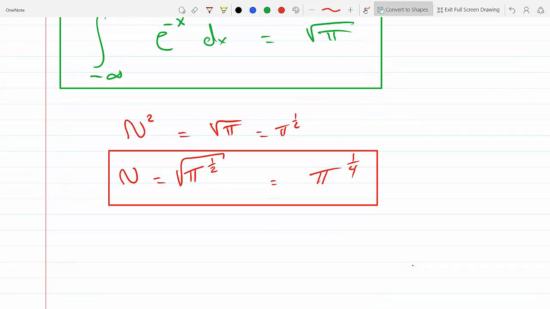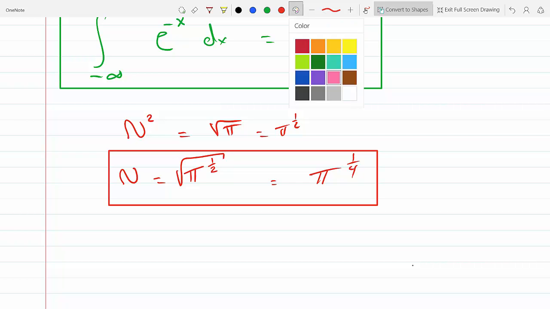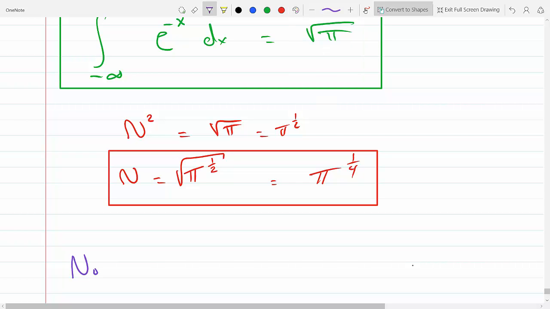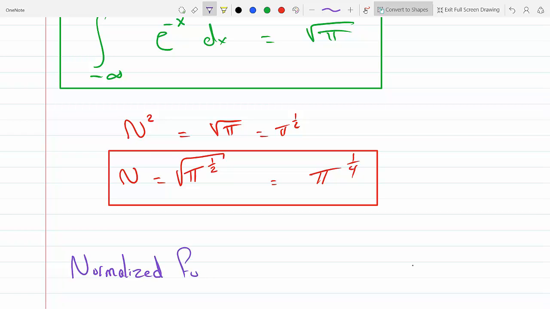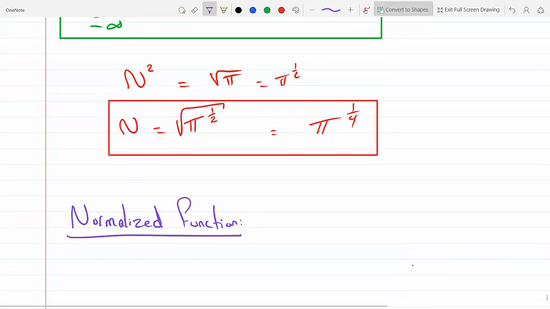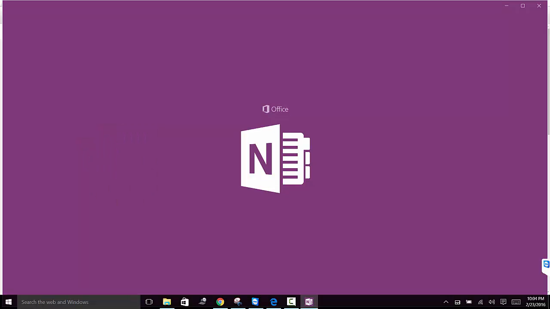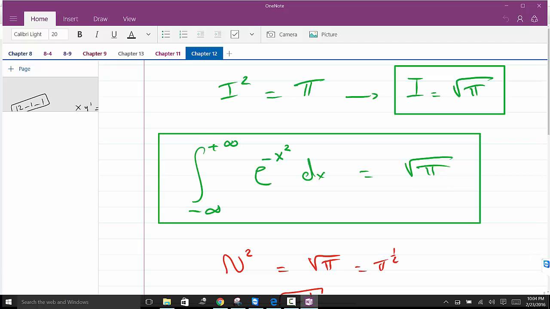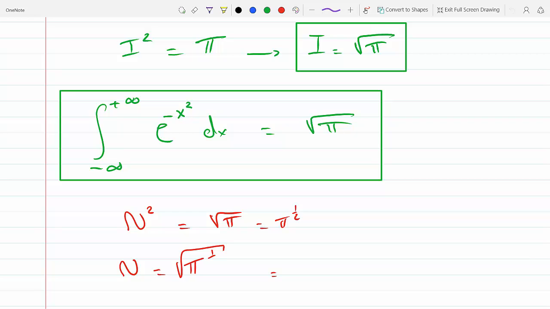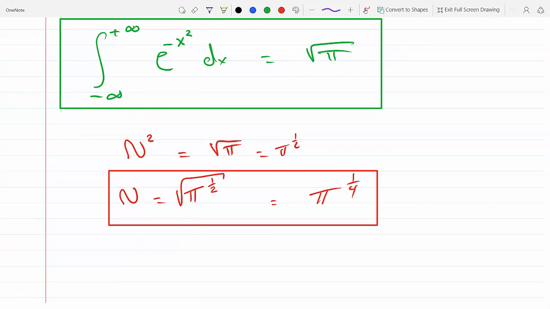And what's the normalized function? The normalized function, like we discussed, is the reciprocal of that, so that's just pi to the minus 1/4 times the function that we were trying to normalize.